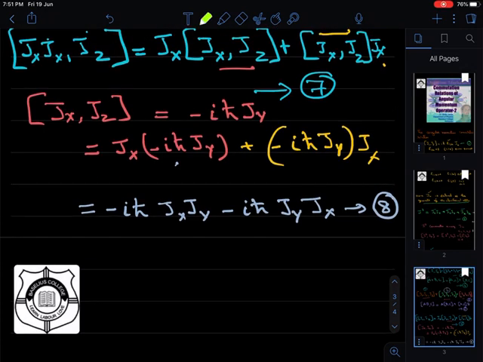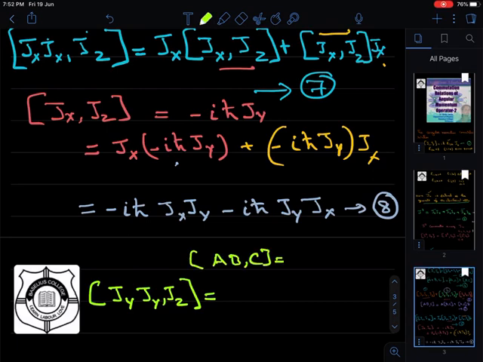So we have jy comma jz, which is equal to, again we have to employ AB. Remember that [AB, C] is equal to A[B, C] plus [A, C]B. So we'll just do that.